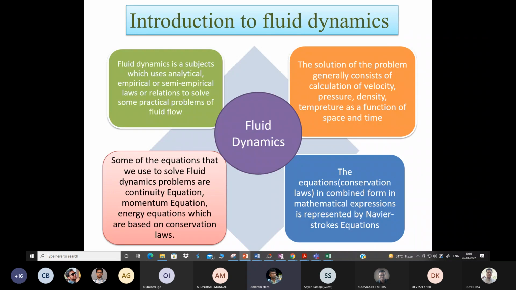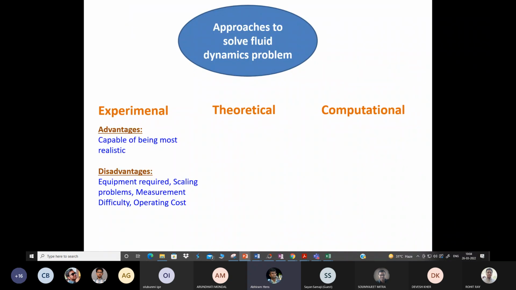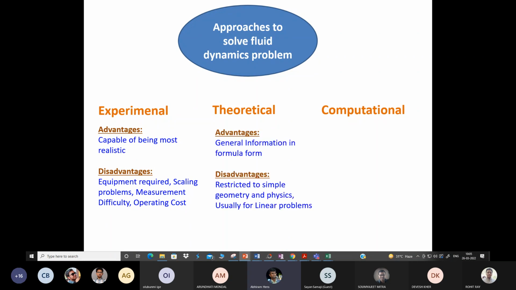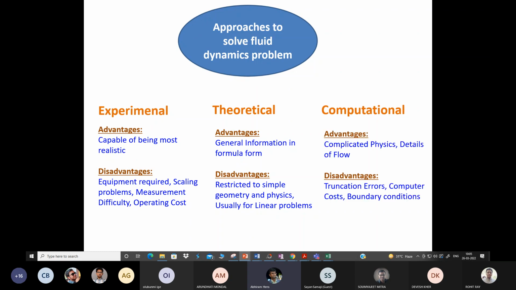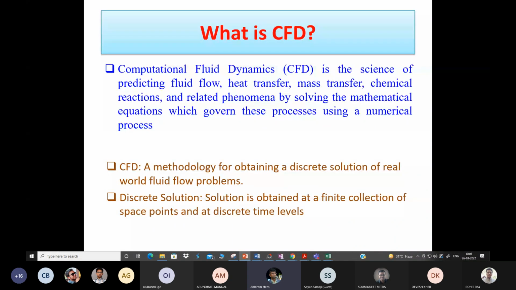Then what is the definition? Then what are the different approaches to solve fluid dynamics problems? We have seen experimental routes, theoretical routes, and computational routes. CFD belongs to this third category, the computational path of investigation. This is the brief definition of computational fluid dynamics.